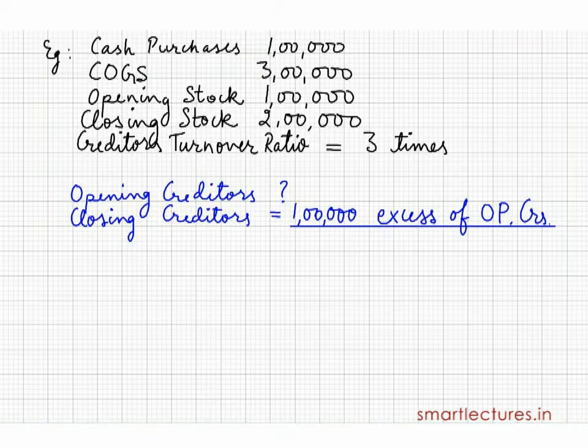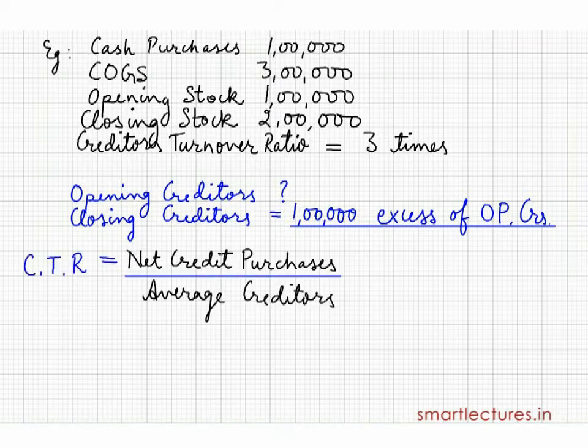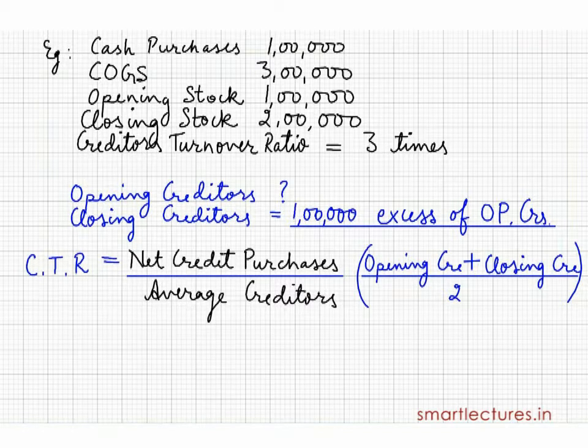Now just think of a formula where opening creditors and closing creditors are involved. And the formula is creditors turnover ratio, because in that formula, that is net credit purchases upon average creditors, and average creditors is equal to opening plus closing upon 2.